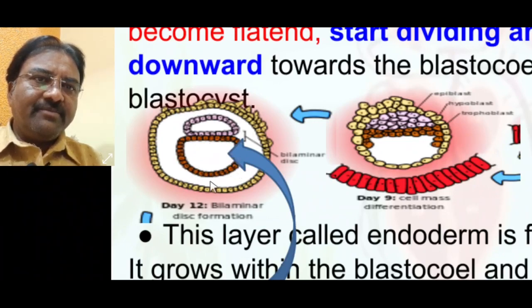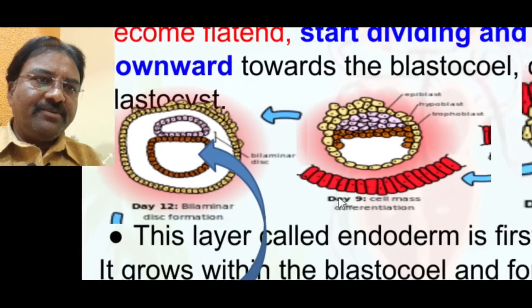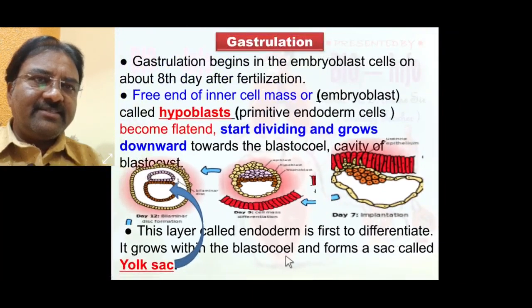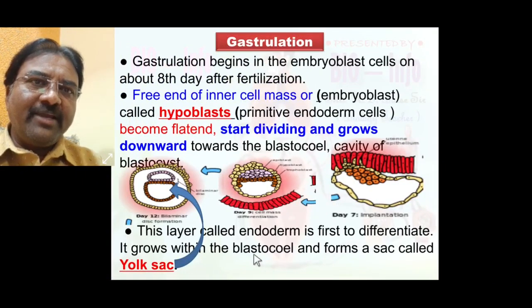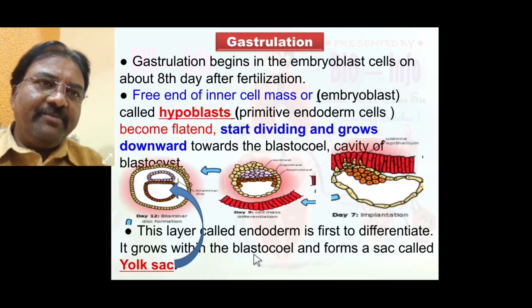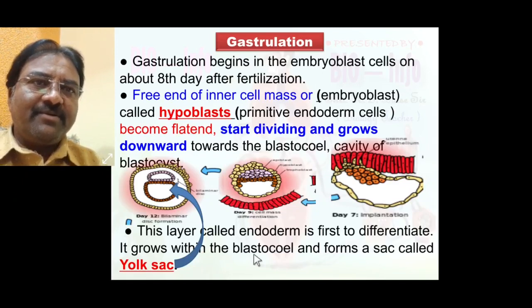Such endoderm is formed from hypoblast cells present in the blastocyst. So up to this we have discussed in detail how the endoderm layer forms. Simply, hypoblast primitive endodermal cells develop the endoderm layer, and inside it is a cavity called the yolk sac.